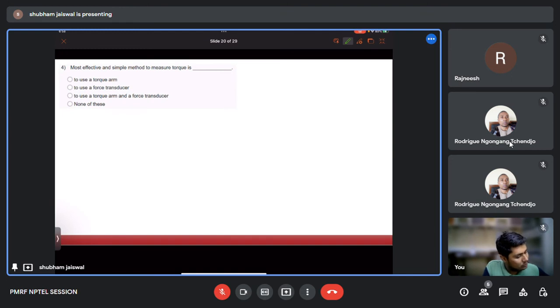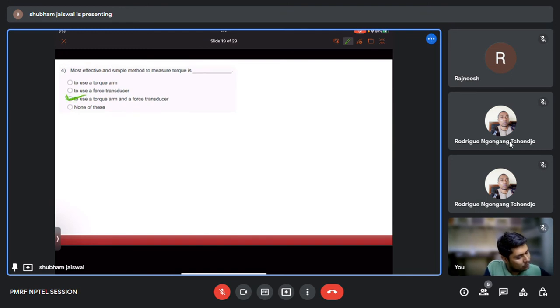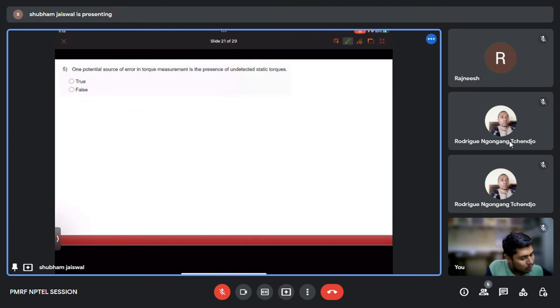One potential source of error in torque measurement is the presence of undetected static torque. Is it true or false? What do you think, Mr. Rajneesh?